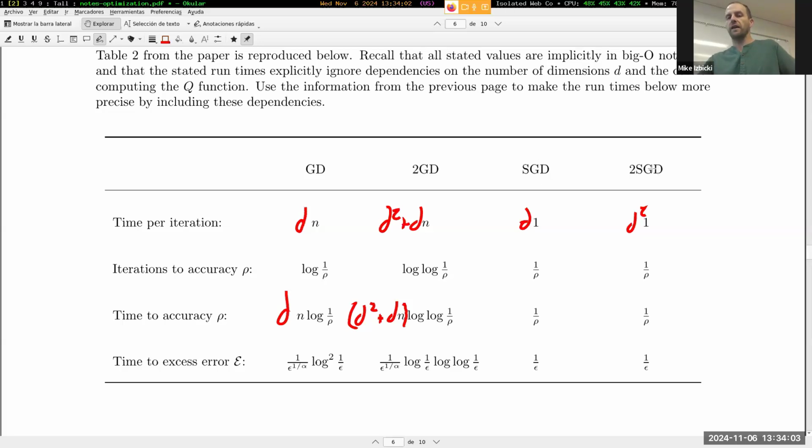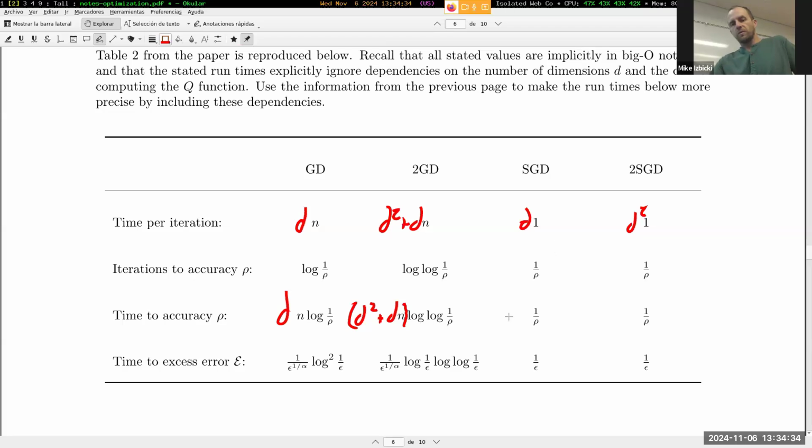Both SGD and 2SGD have this 1 over rho as their number of iterations, and there are no log factors in either of these. Both of these two values are exactly the same. Explaining why that's the case would be at least a semester, maybe more, of optimization, and so we're just focusing on the result right now. The result is the thing that you need to know for this class, and not the detailed mathematics of why this is the case.